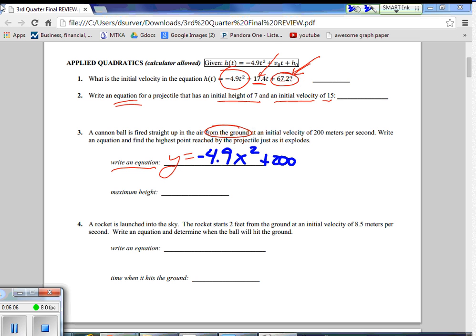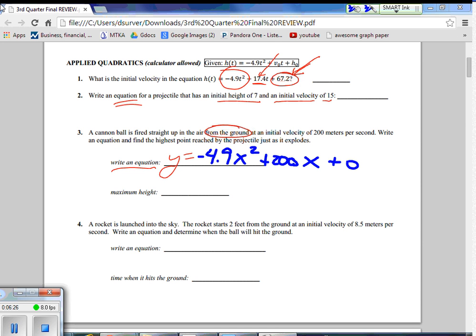And this is fired straight up in the air from the ground, which means it's plus 0. Do I really have to put a plus 0 there? No. I do need an x on this, though. 200x. That plus 0 is optional.